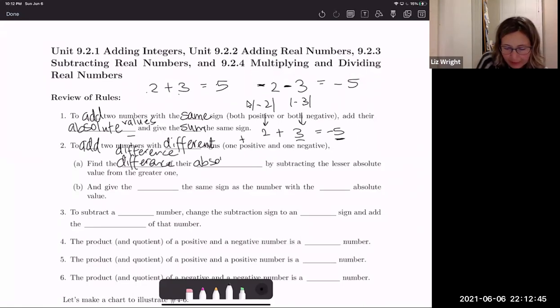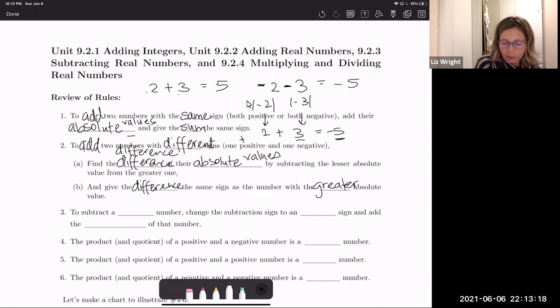Again, that's their distance between that number and 0. Find the difference of their absolute values by subtracting the lesser absolute value from the greater one. So take the smaller one from the larger one and give the difference, which is going to be your answer. It's the answer to a subtraction problem. Give the difference the same sign as the number with the greater absolute value.